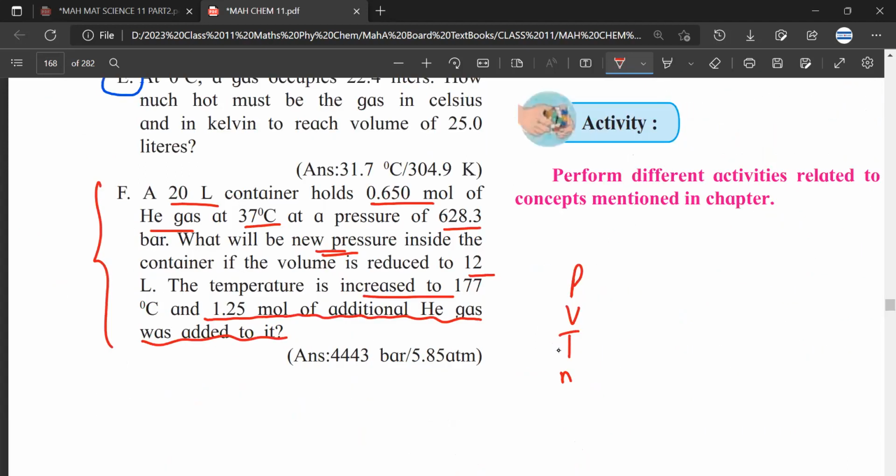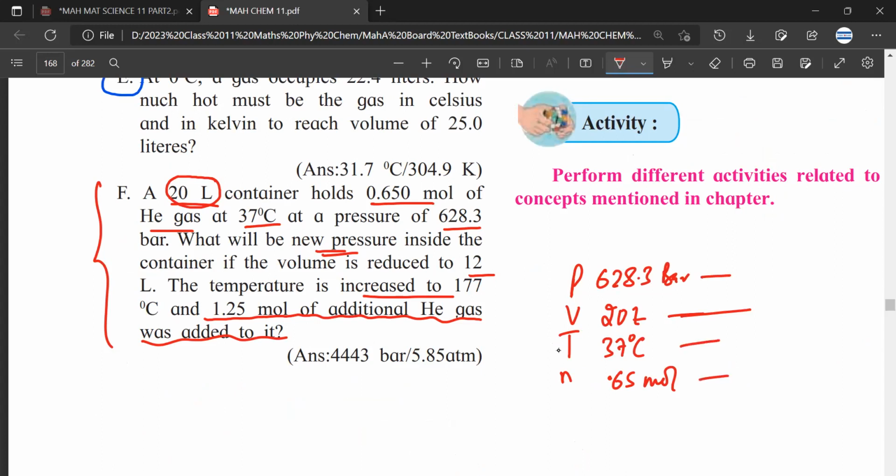But in this case, if you see, this is a case where 20 liter contains 0.65 mole at 37 degrees Celsius at a pressure of 8.3 bar. Now, this is state 1, and this state 1 will change to a new pressure, with volume reduced to 12 liter, temperature increased to 177, and 1.25 mole additionally added.